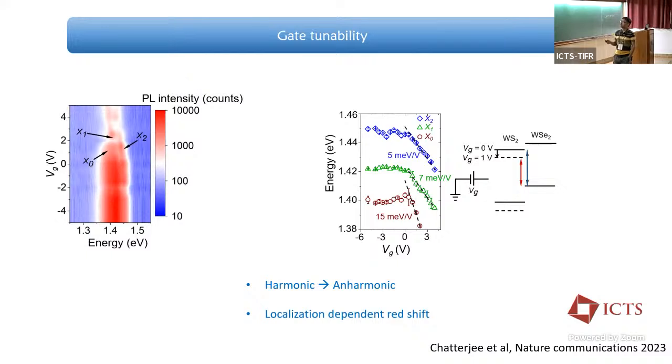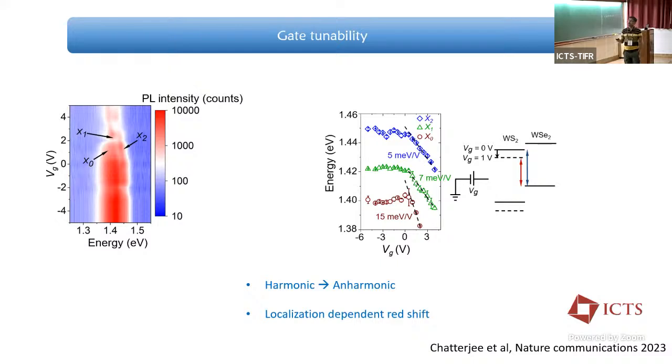The gate was sitting toward the WS2 side, and we know from experience that it's very difficult to p-dope WS2, or even MoS2 for that matter. So it probably just depletes the system, and nothing beyond happens, because you are not introducing a sufficient number of holes. However, when you go to the n-doped regime, we know that you can very nicely dope this system n-type. So the intensity of all the excitons degrades very significantly.